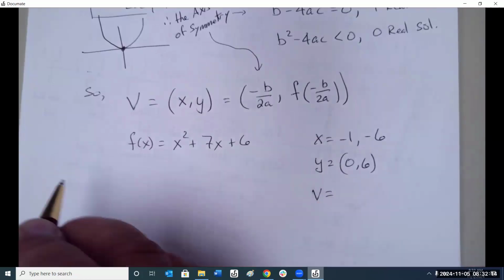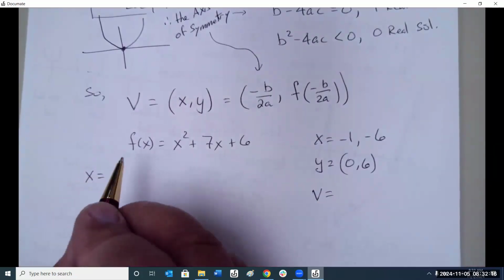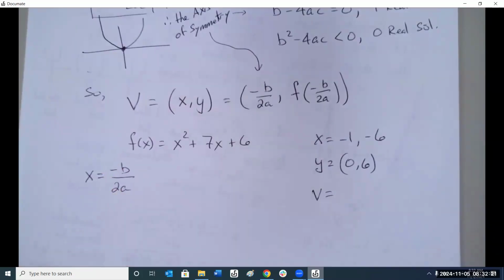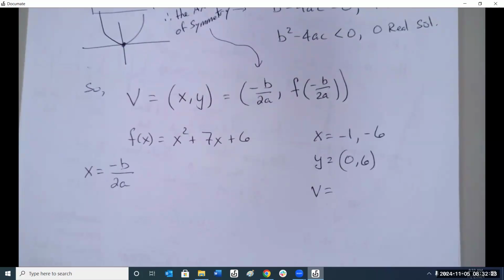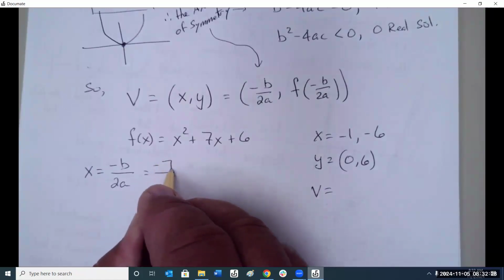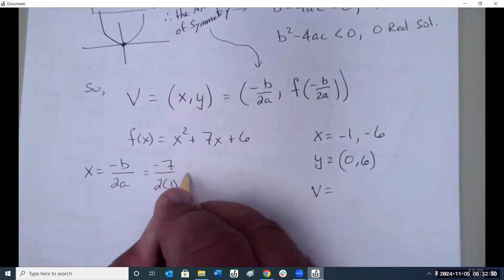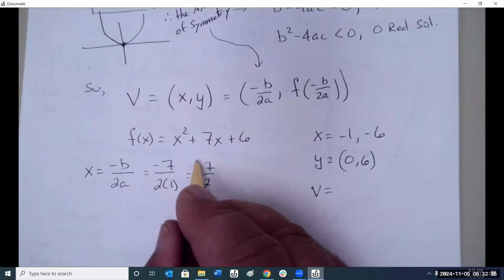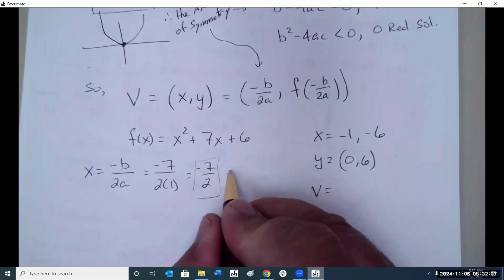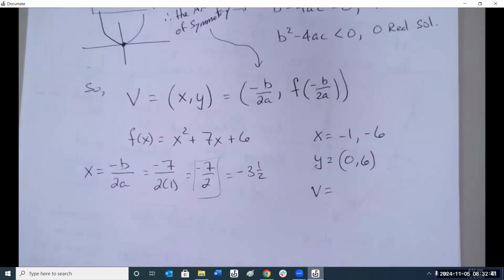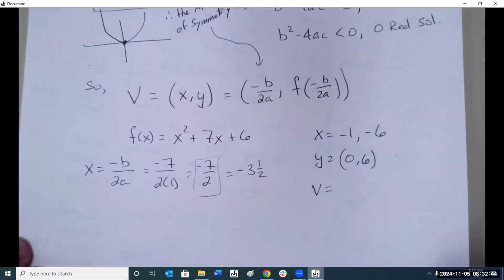To find the vertex, we have to find the x value first, which is negative b over 2a. -7 over 2 times 1, -7 over 2. That's what we're going to use. The actual location then is -3 1/2. And we kind of knew that already.